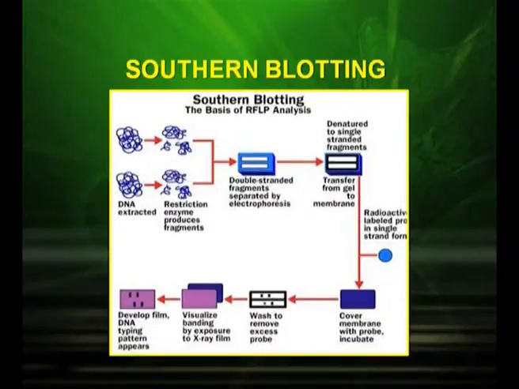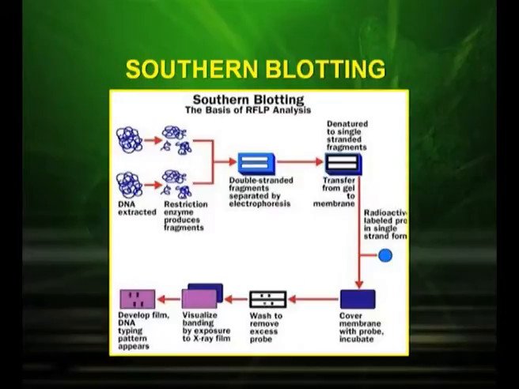So, now let us summarize the various steps of DNA fingerprinting with the help of the following diagram. This particular technique uses Southern blotting. Now, let us see how the blotting takes place. The DNA is extracted. A restriction enzyme produces the fragments. Then the double-stranded fragments are separated by electrophoresis.